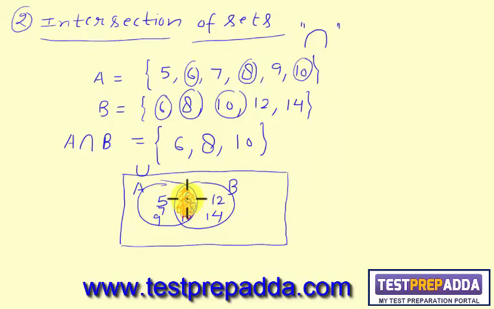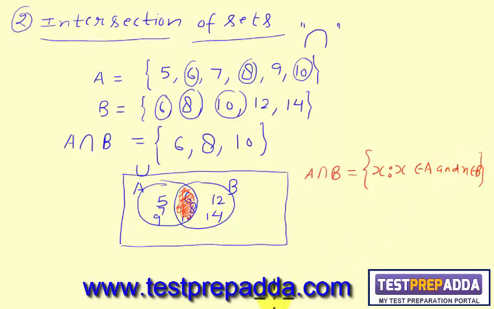This is A intersection B. Now in set builder form, if you try to write A intersection B, it will be written as all values of x such that x belongs to A and x belongs to B. Got it?